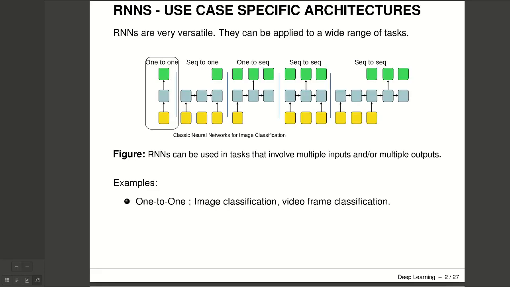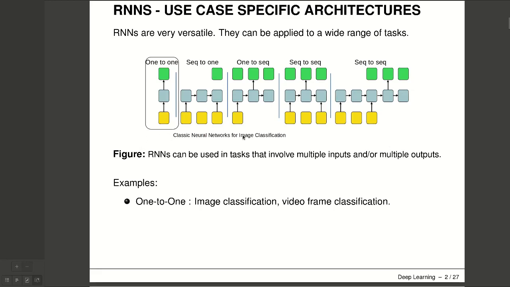RNNs are very versatile and they can be applied to a wide range of tasks. For example, as you can see here, each rectangle or square is a vector and arrows represent a function, for example, matrix multiplication. The input vector, similar to the previous lecture, is shown in red, and the output in green, and blue is the RNN state.